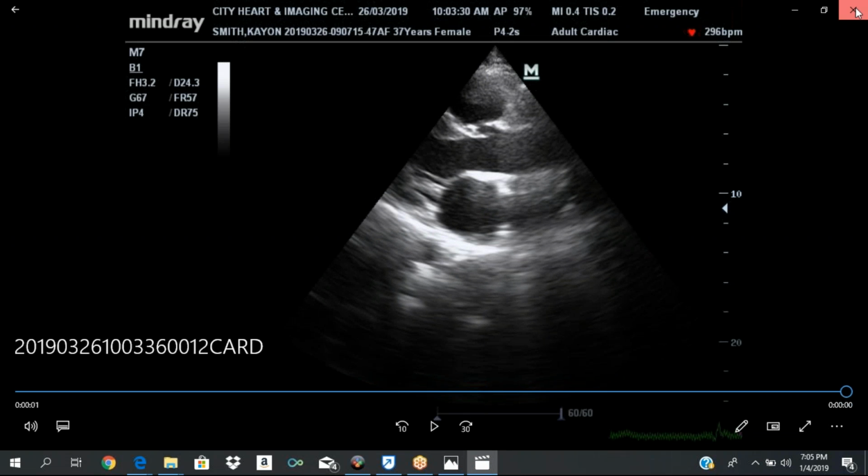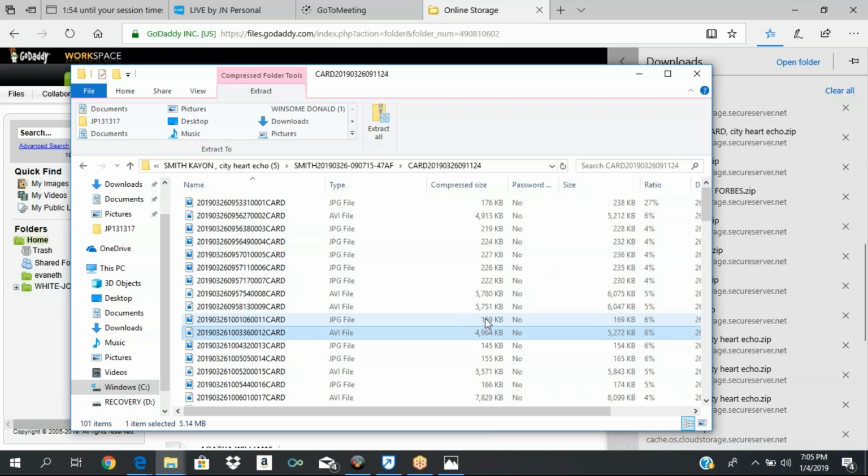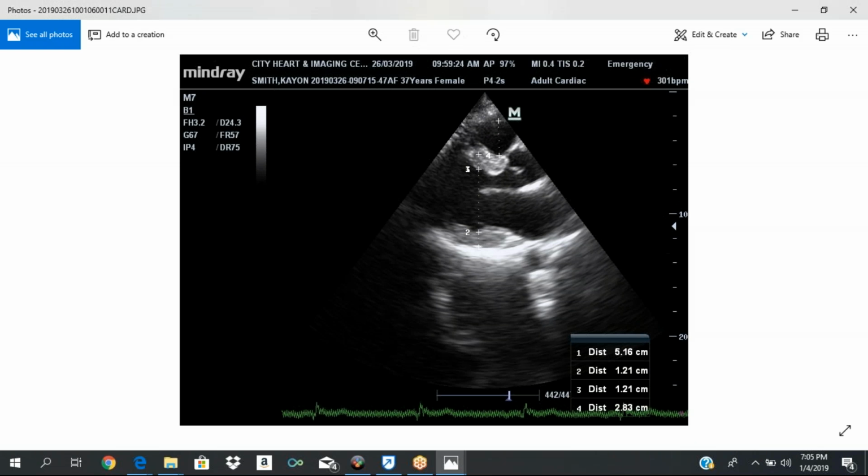That is, it's either a systolic frame or a diastolic frame. So remember that everything that we do in the heart is either in systole or diastole. Now we talk about the measurements. In diastole, you're going to measure the septum.